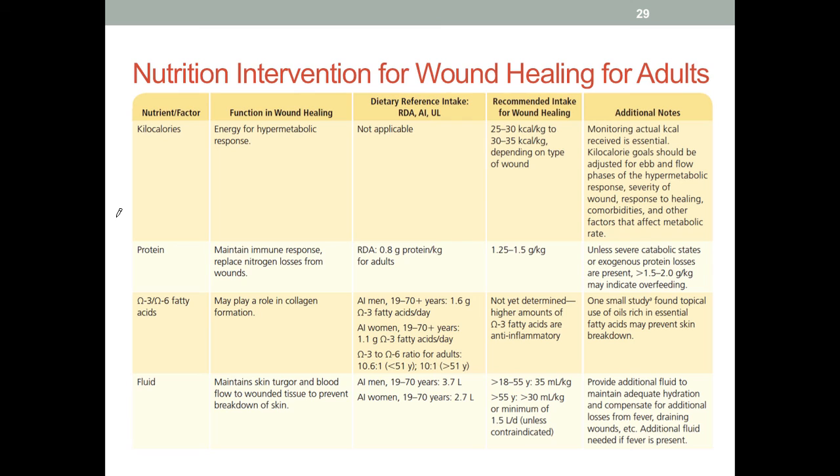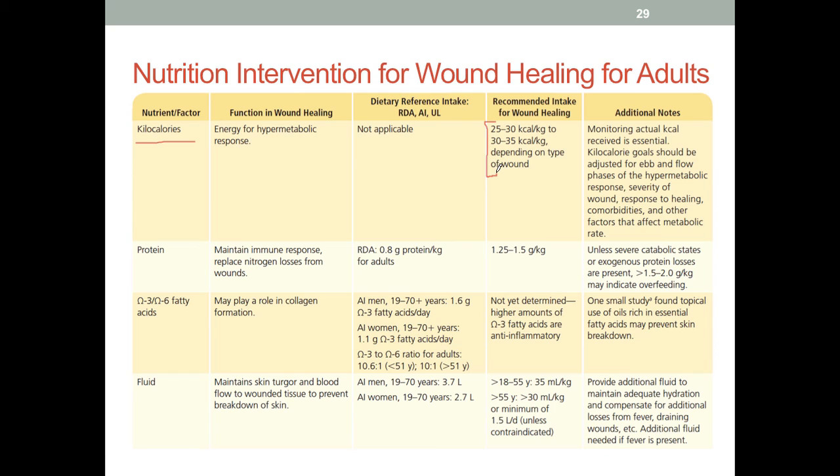To heal any wound, we need to make more molecules, so it is an anabolic process, a synthesis process. Therefore, we have to provide a lot more energy than what we would need if that person was healthy. Depending on the level of injury or the wound, we have different allowances of energy based on kilogram of body weight.